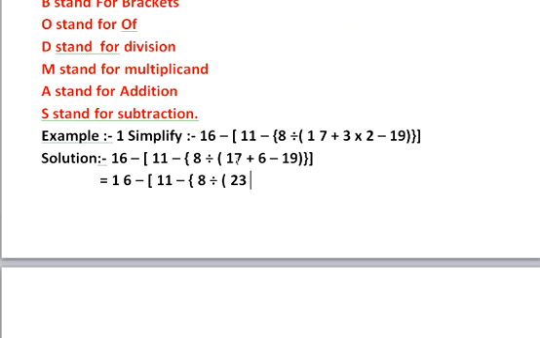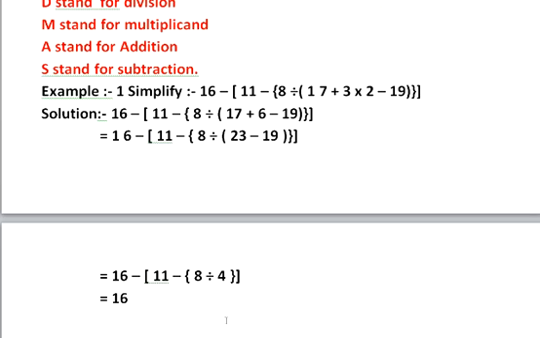The sum is 23 minus 19, and then close the brackets one by one. In the next step, 16 minus square bracket 11 minus curly bracket 8 divided, and now there is only one fundamental operation, subtract. We subtract the numbers and remove the small bracket. So 23 minus 19, we get 4, and when we remove the small bracket, we close the curly bracket and square bracket.